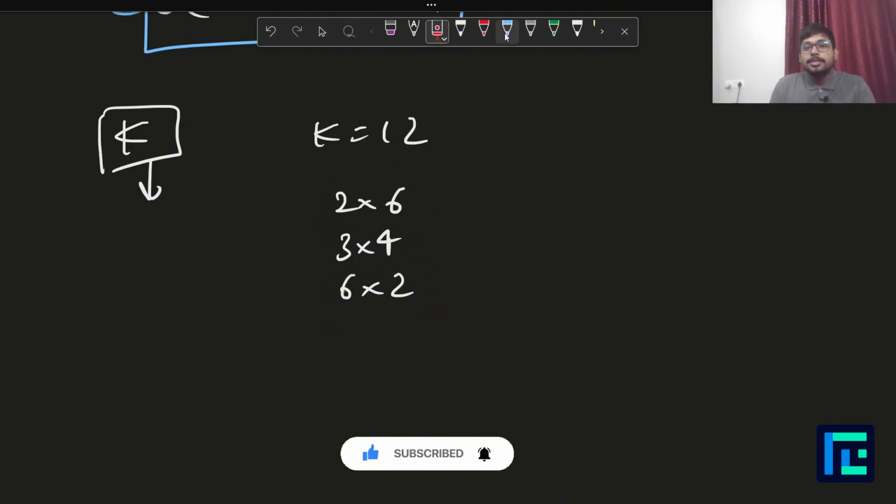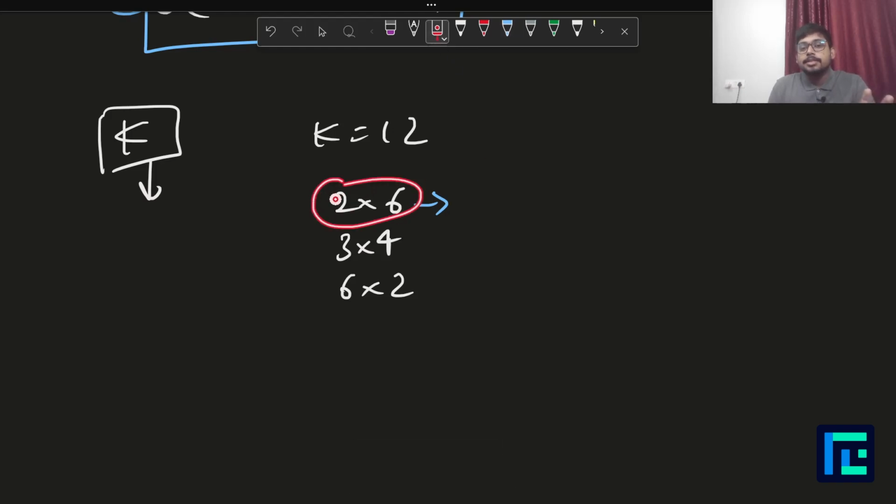If we calculate separately, then the number of subrectangles with dimension 2 cross 6 which satisfy our condition would be the number of instances where array A has two consecutive ones, times the number of instances where array B has six consecutive ones.